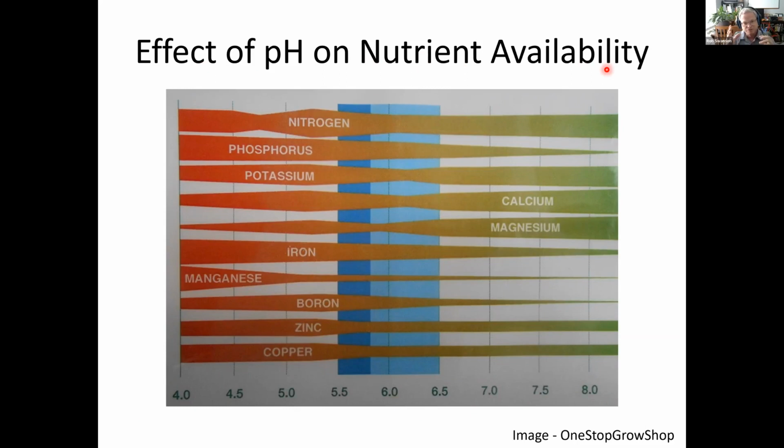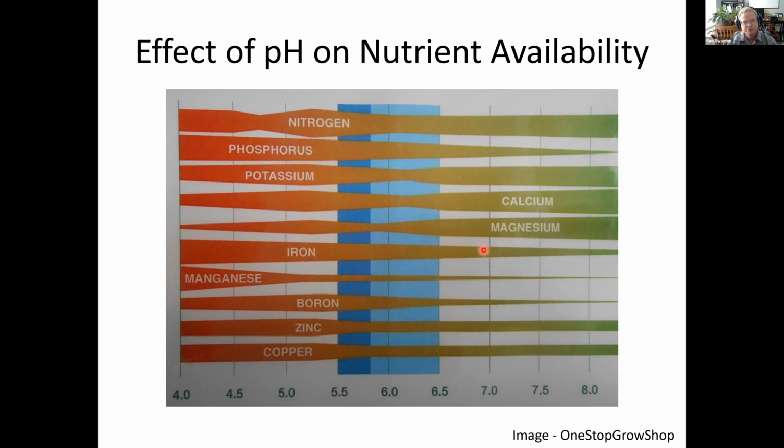So there might be very large amounts of iron in the soil, but here you can see the effect of low pH on the iron. See how wide the bar is on iron? The width of this bar means how available it is. So at a pH of 4, iron is very available to the plant.